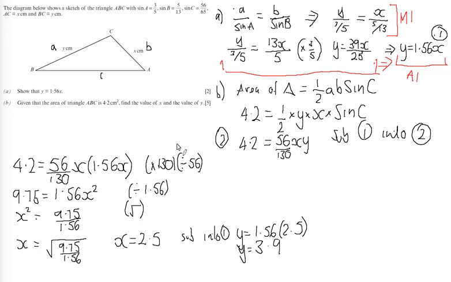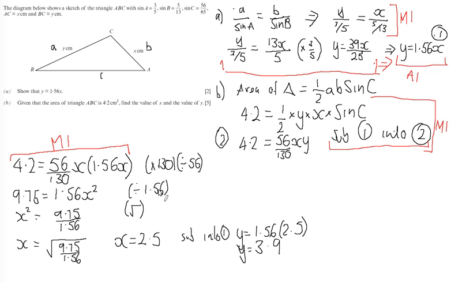Okay, so how do we get marks in this question? Well, first of all, we get a mark for setting up the equation here. So I suppose here some sort of arrangement of this where we've managed to set up this equation using the sine rule. We then get a mark for substituting in the fact that y equals 1.56x.